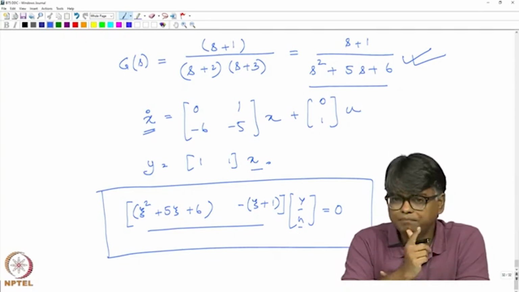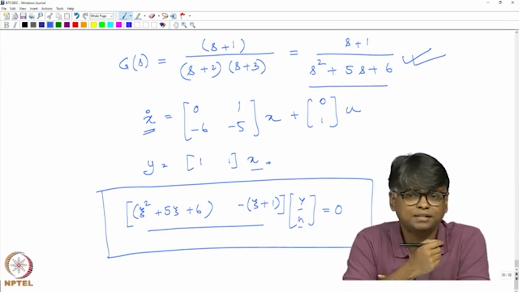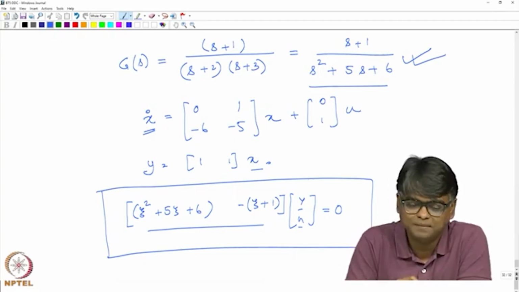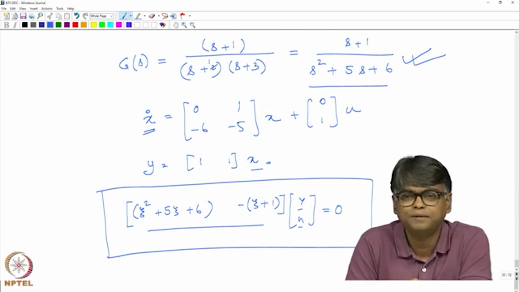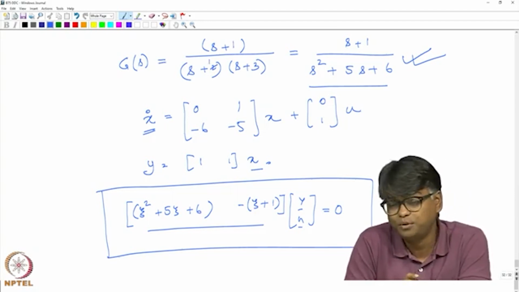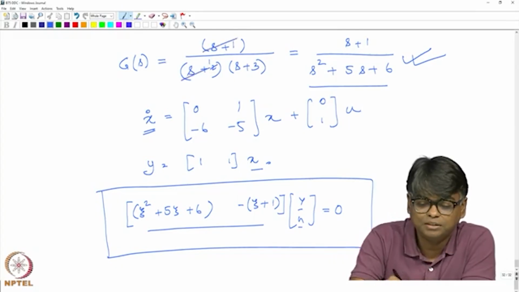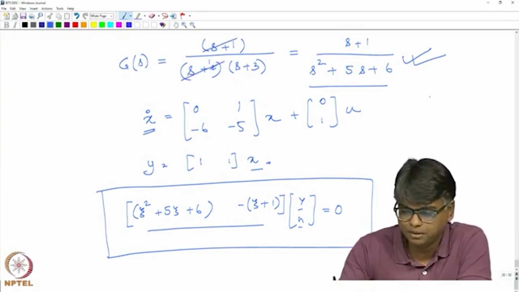But now there is a subtle thing that I would like to discuss here, which will lead us nicely to our next topic. What if I do a little bit of tweaking here and change this entry to 1? All of you, I am sure, already know that this is problematic, because this causes a pole-zero cancellation, and effectively the transfer function becomes 1 by (s plus 3).